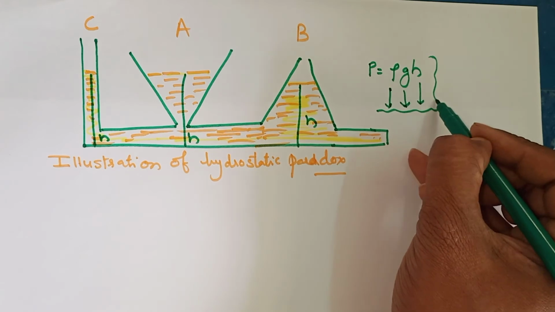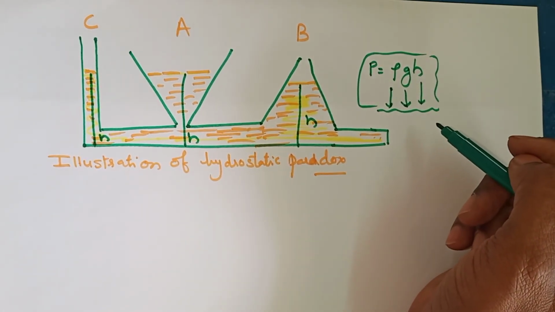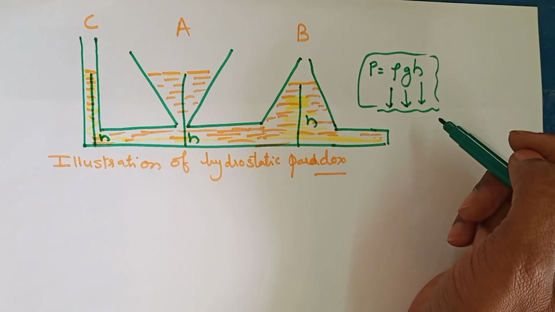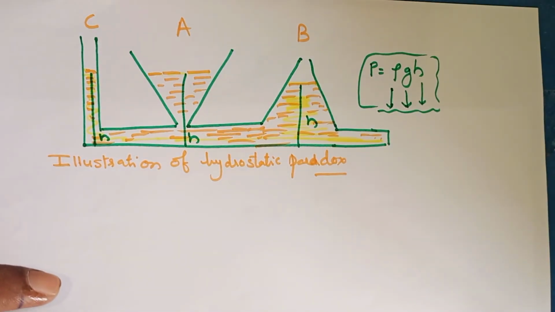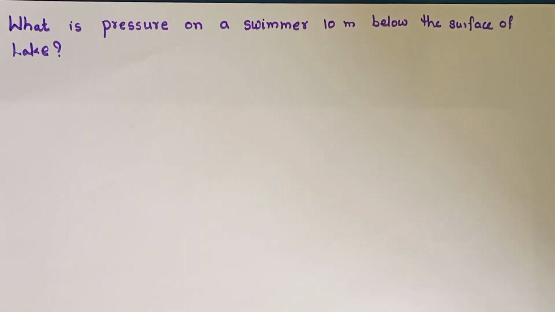So these are, let's say, simple problems, and their solutions are based on absolute pressure, gauge pressure, and so on. What is the pressure on a swimmer 10 meters below the surface of the lake?